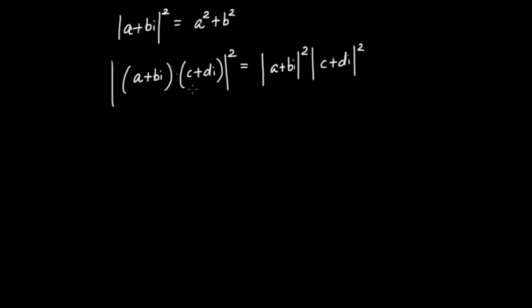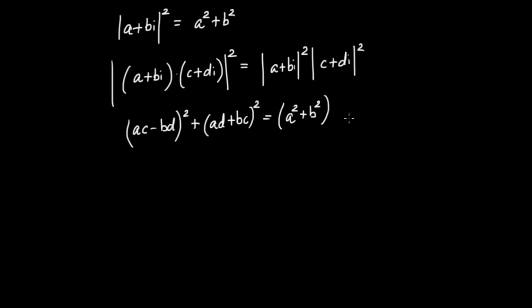Now, on the left-hand side, when you do all this multiplication out, what this left-hand side is saying is that (AC minus BD) squared plus (AD plus BC) all squared is equal to (a squared plus b squared) times (c squared plus d squared). And this identity here has a long history.